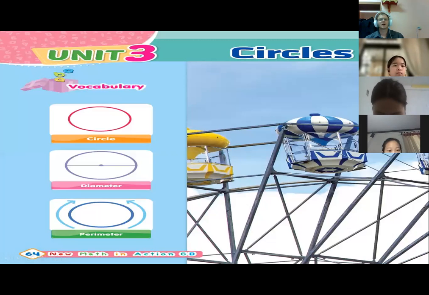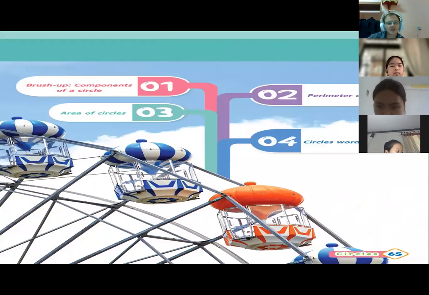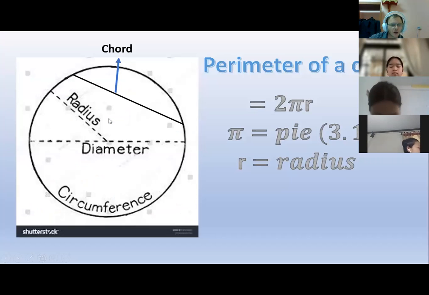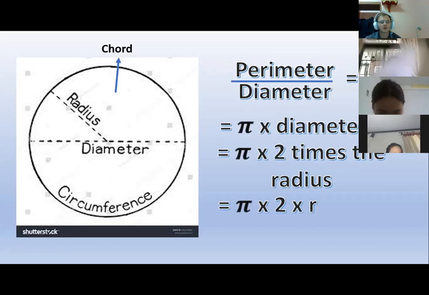So what we have done in this unit so far is we talked about how to calculate the perimeter of a circle. We also looked at how the formula is made up and why.